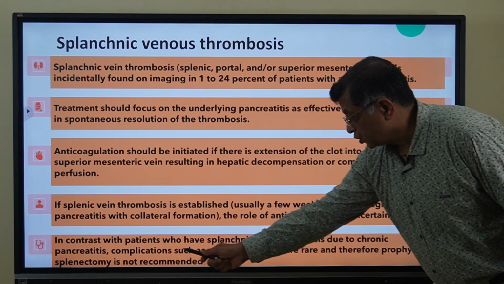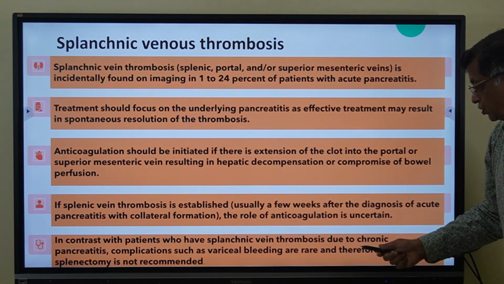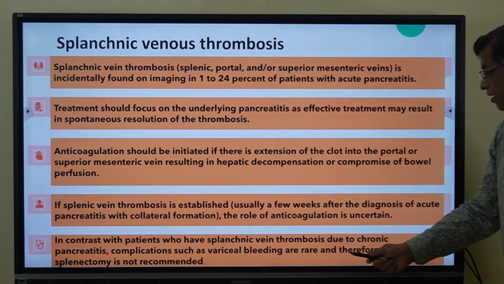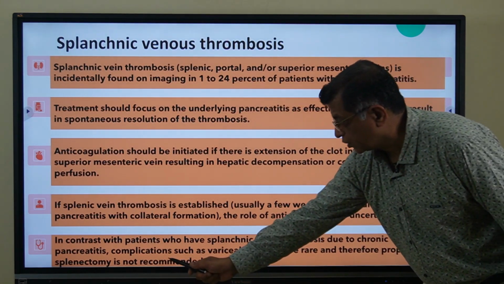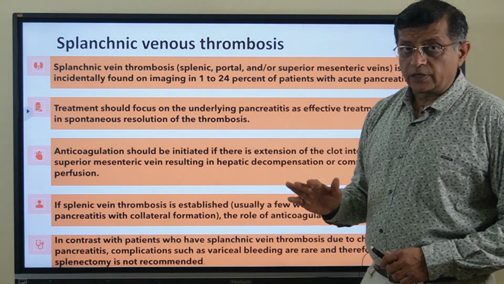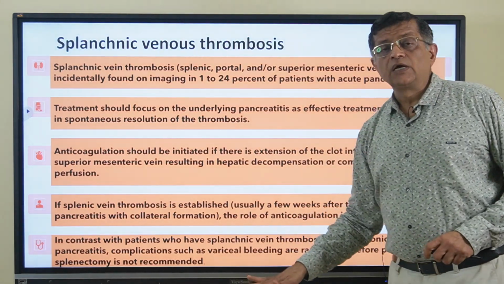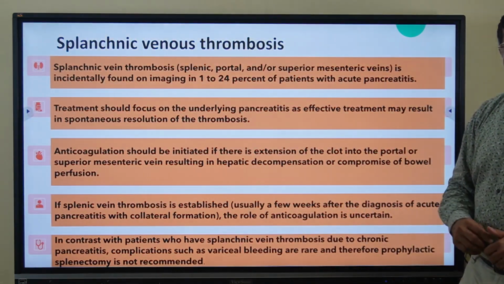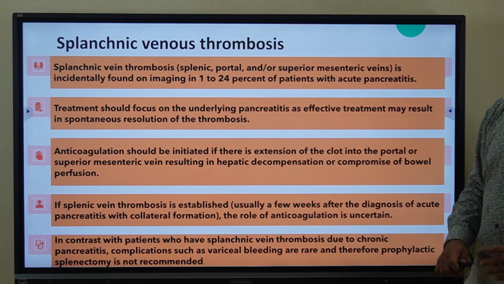In contrast with patients who have splanchnic venous thrombosis due to chronic pancreatitis, complications such as variceal bleeding are rare and therefore prophylactic splenectomy is not recommended. So in acute pancreatitis, variceal bleeding is rare, so you do not require splenectomy.